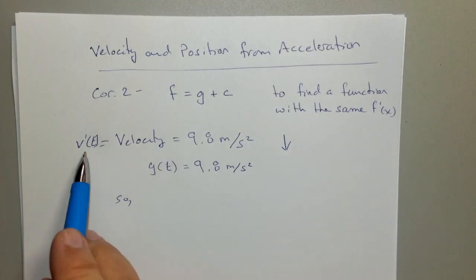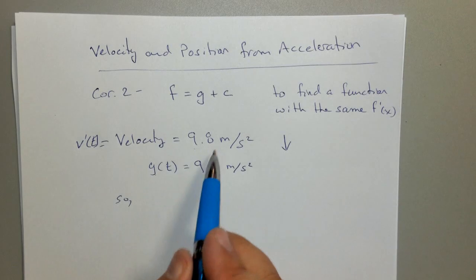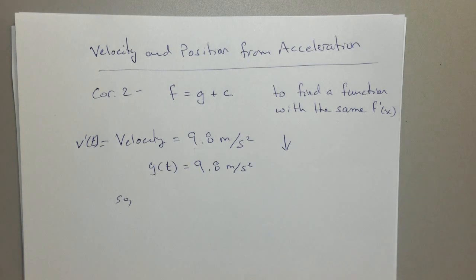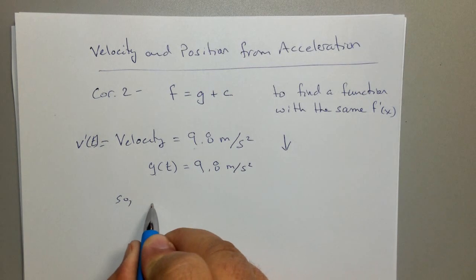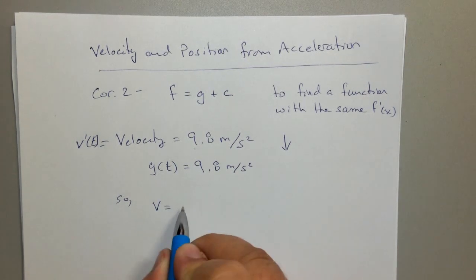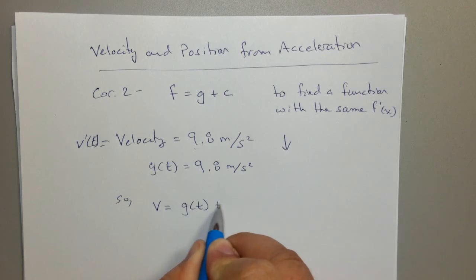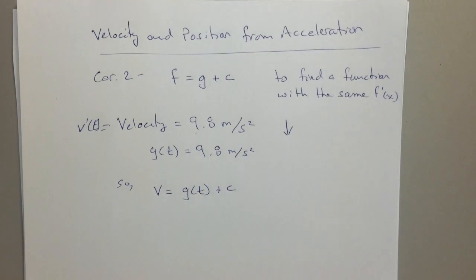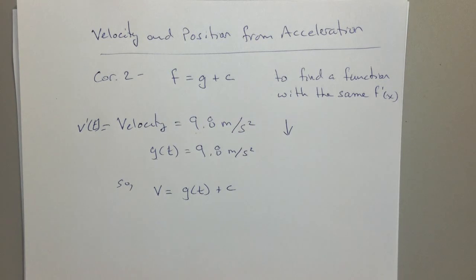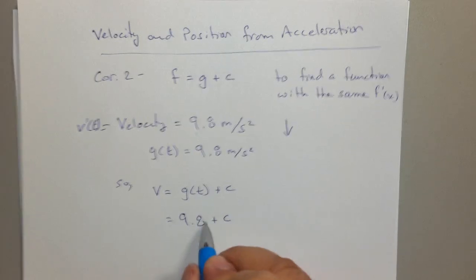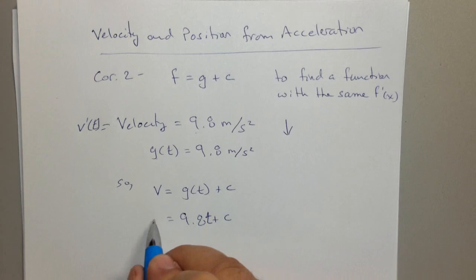We have to find another function whose derivative gives us 9.8, which is 9.8 t plus c.